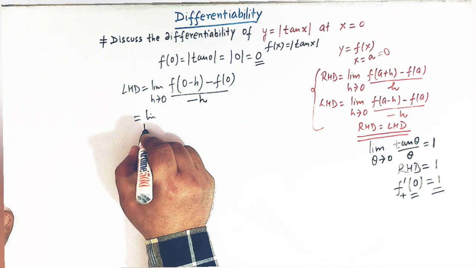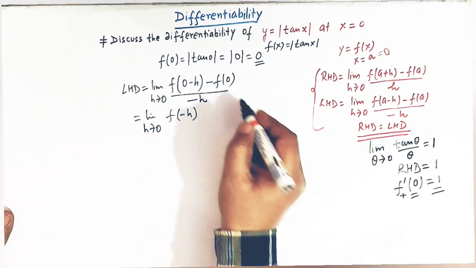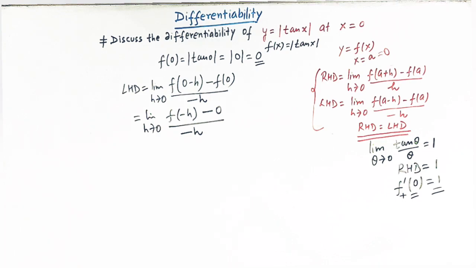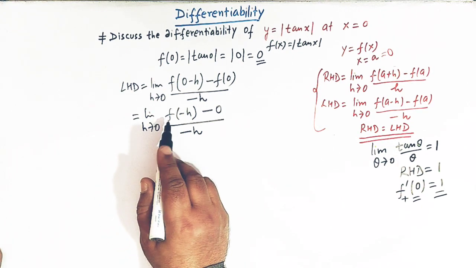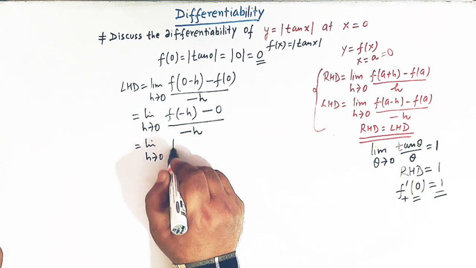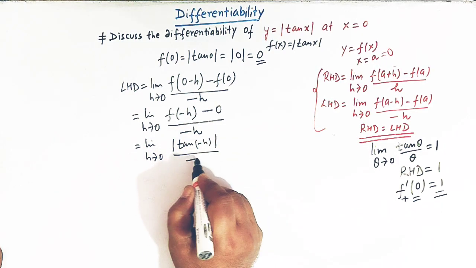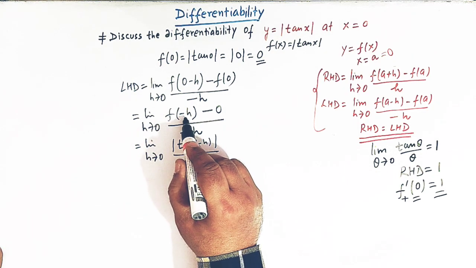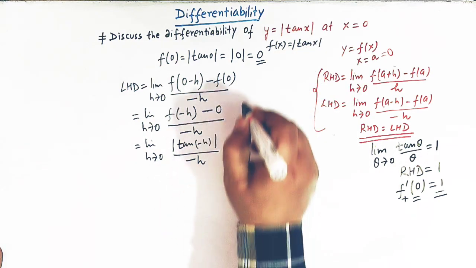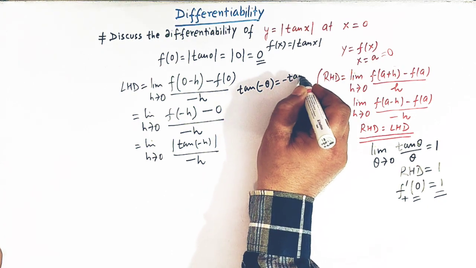So this is the limit h tends to 0 of f of minus h, since f of 0 is 0, divided by minus h. Here f of minus h is mod of tan of minus h, obtained by replacing x by minus h. Now we know from trigonometry that tan of minus theta is minus tan theta.